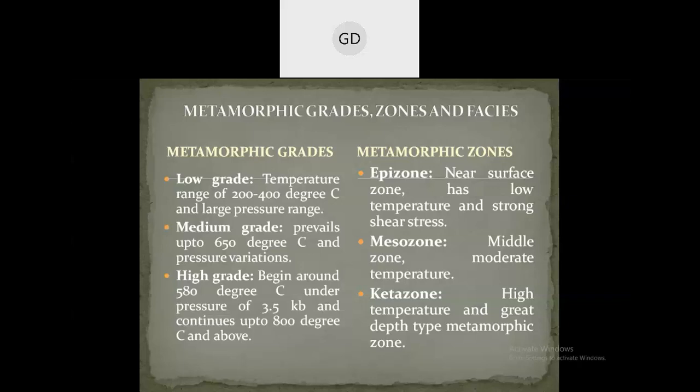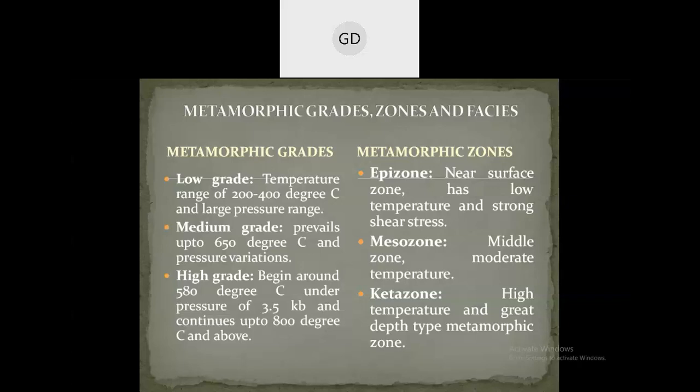The epizone is near the surface zone, and it is characterized by low temperature. Basically, here the temperature is less than 300 degrees Celsius, and it has a strong shear stress.